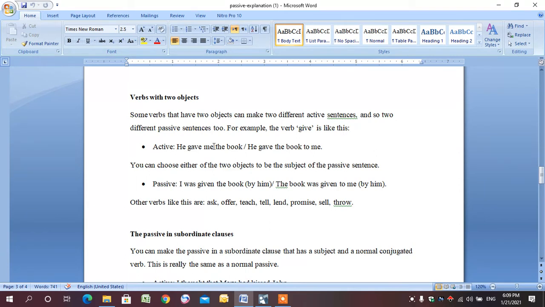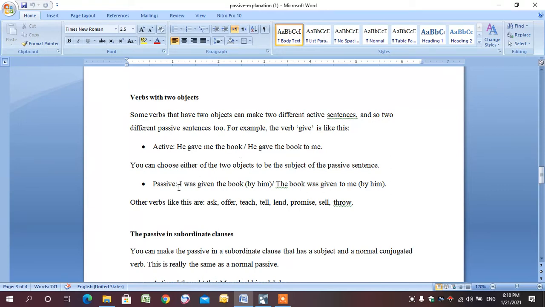Now here you have two objects, me or the book, okay? So you can choose which one you want to start your sentence with. You can start with I, or you can start with the book. So you have two answers for the passive.